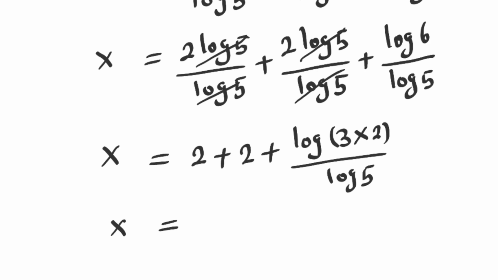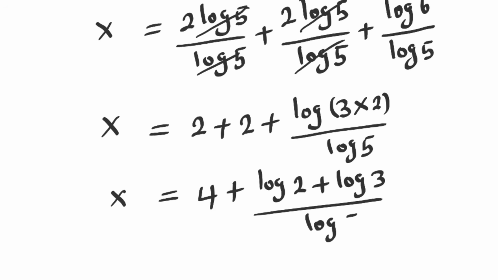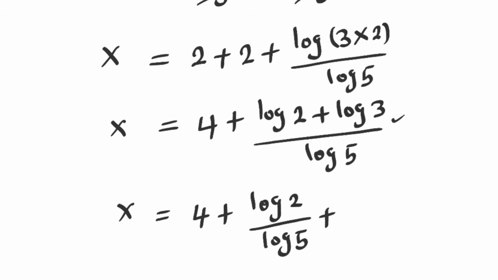x is equal to 2 plus 2, that is 4, plus log 3 multiplied by 2 can be written as log 2 plus log 3 all over log 5. x is equal to 4 plus, if you split this, we have log 2 all over log 5 plus log 3 all over log 5.